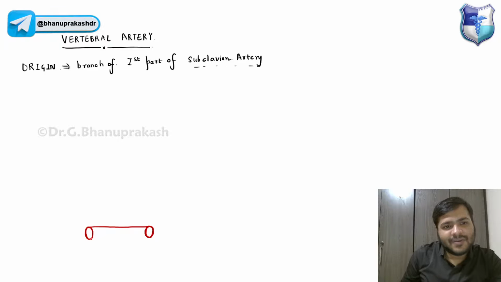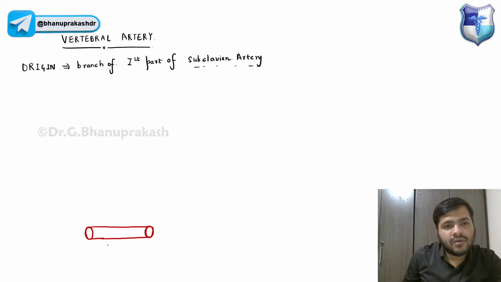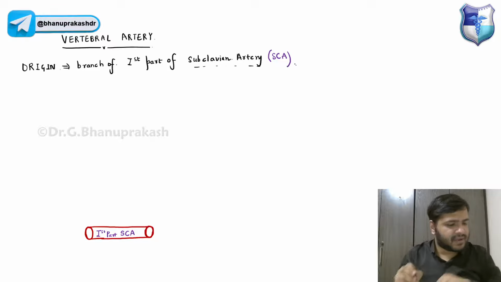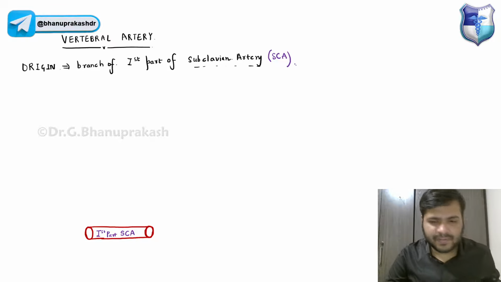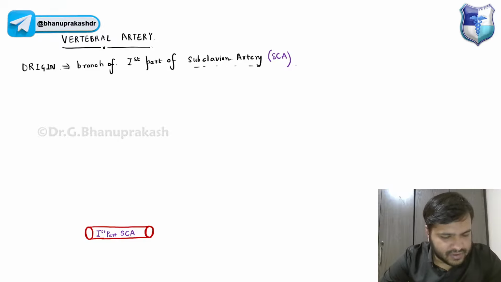Now let us suppose that this is the first part of the subclavian artery. SCA stands for the subclavian artery, the first part of the subclavian artery. Now, what is happening over here, guys?